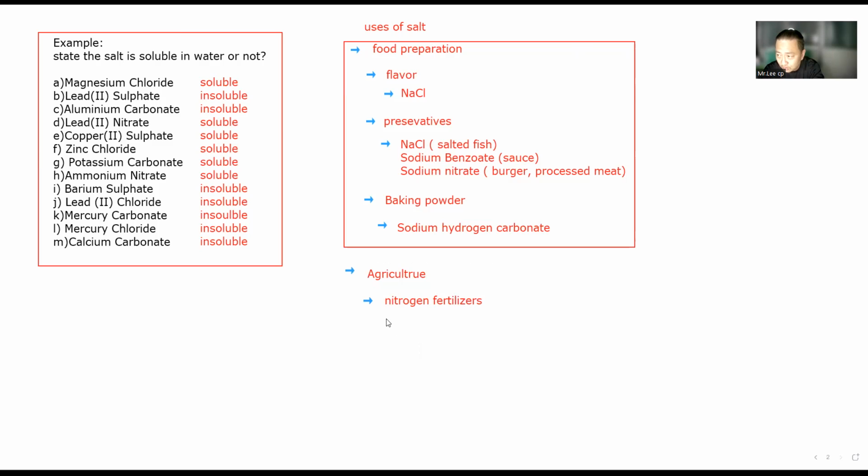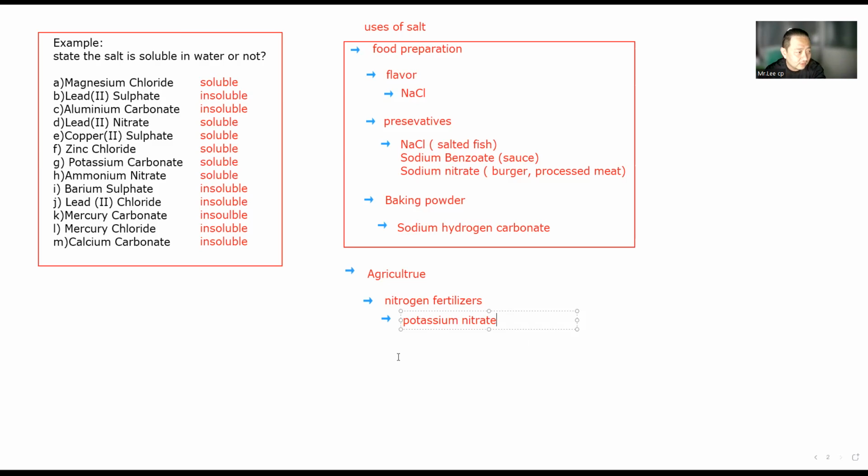Fertilizer is baja, 肥料. So you use potassium nitrate. Why? Because the roots have a lot of nodules, if you learn in biology, right? They need nitrogen, they need nitrate. So nitrate can help them to grow better.